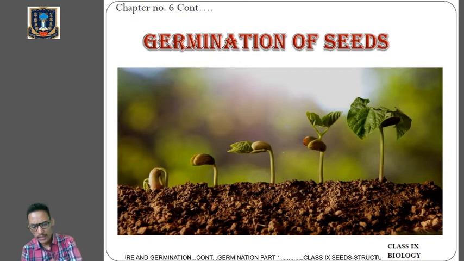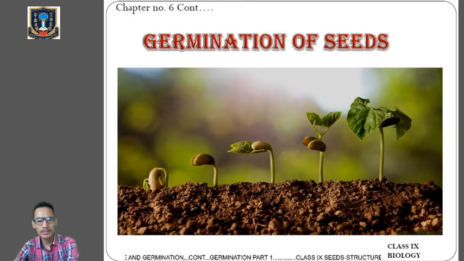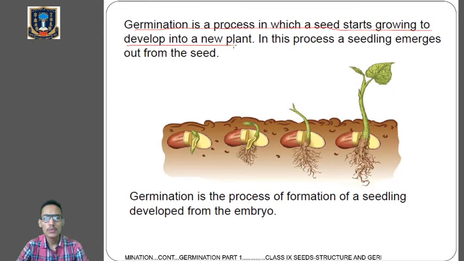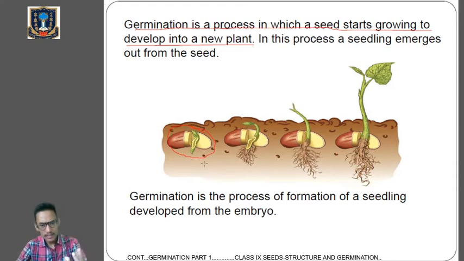So what is germination? Germination is a process in which a seed starts growing to develop into a new plant. You can see here the particular seed. When the seeds are placed in favorable conditions, they start germinating.